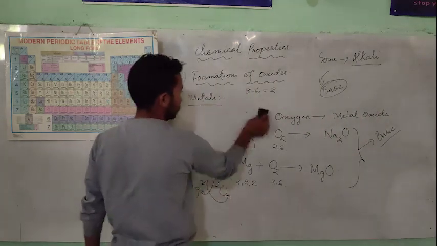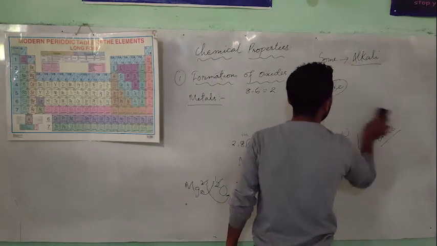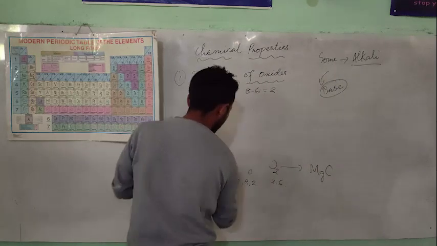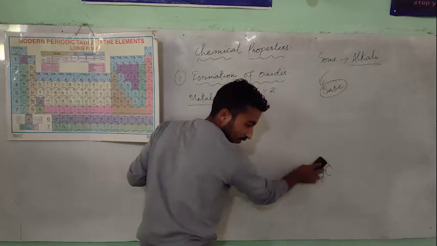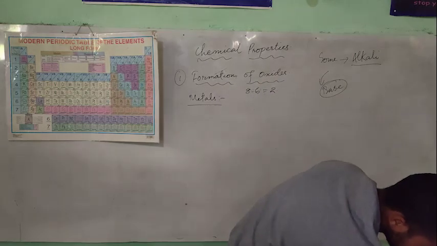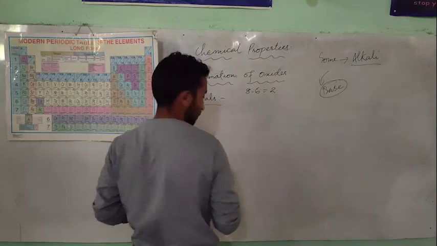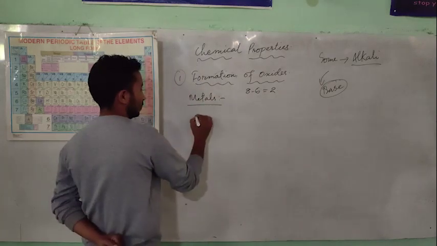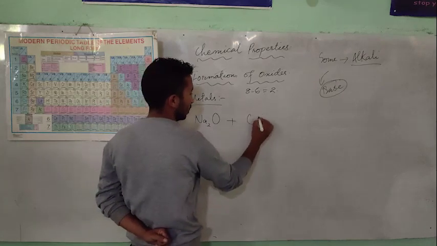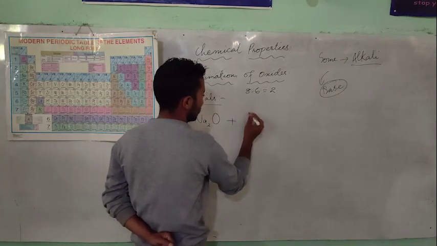the next topic is what will happen when a metal oxide is mixed with an acid and a base. Let's take the first one, sodium oxide, and react it with hydrochloric acid.